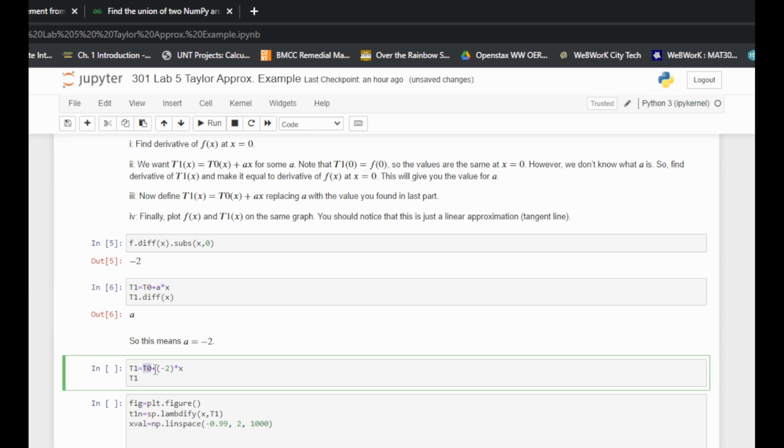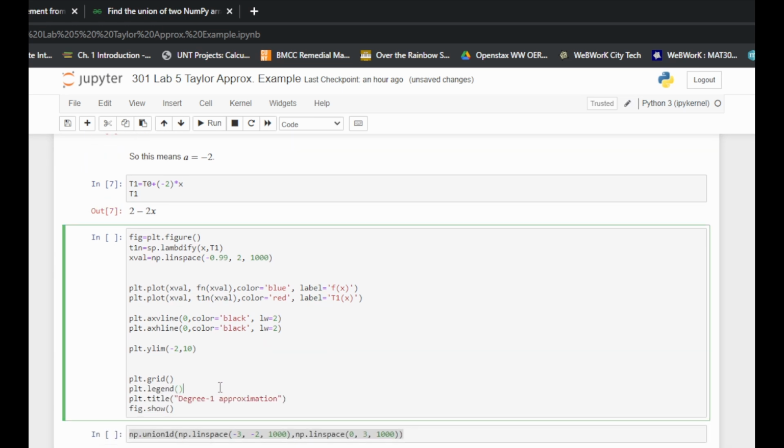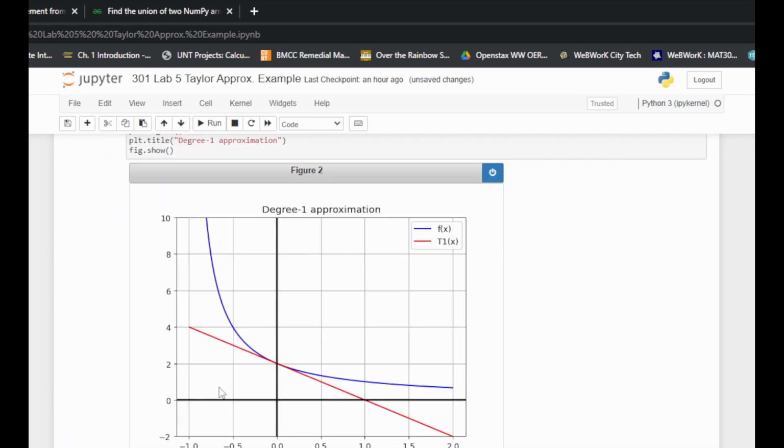So now t1 is t0 plus negative 2 times x. So this is 2 minus 2x. And we will plot both of them. As you can see, we have again our f of x, and this is our linear function 2 minus 2x. In essence, this is just a tangent line at 0.